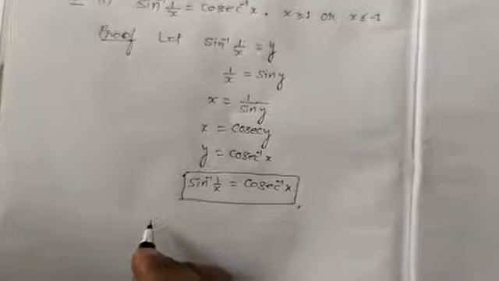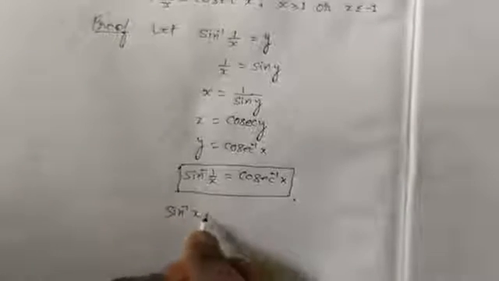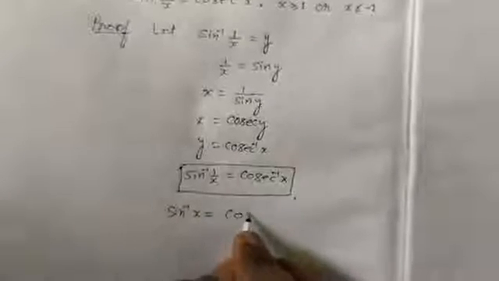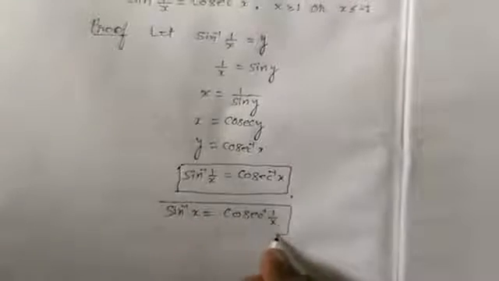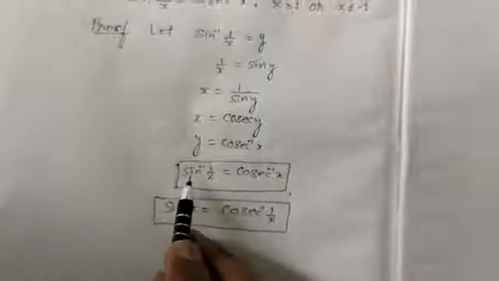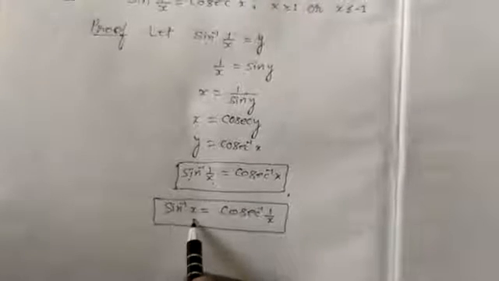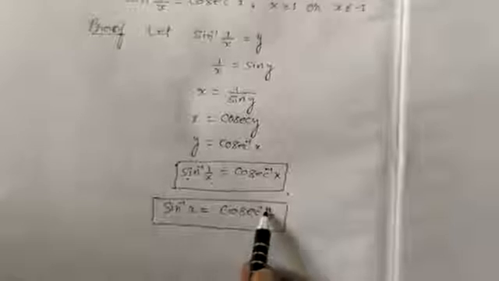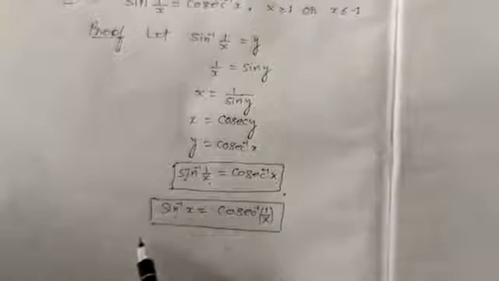Now see students, from this property you can write also sine inverse x is equal to cosec inverse 1 upon x. Sine inverse 1 upon x equals cosec inverse x, and sine inverse x equals cosec inverse 1 upon x. You can use this to solve the questions.